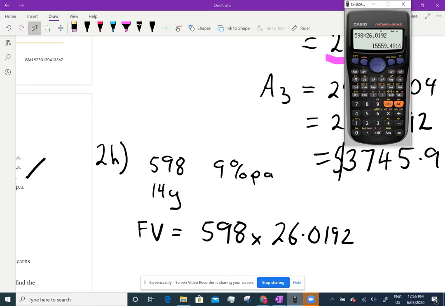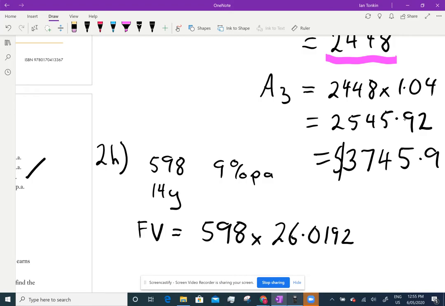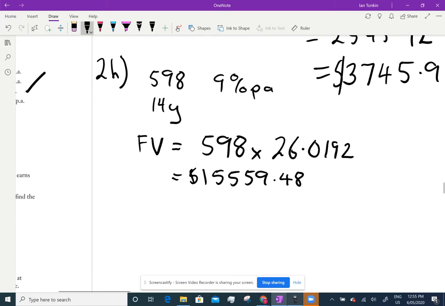So 15,559.48. Just checking. Beautiful. And that's the right amount. So if you put $598 away for 14 years and you're earning 9%.